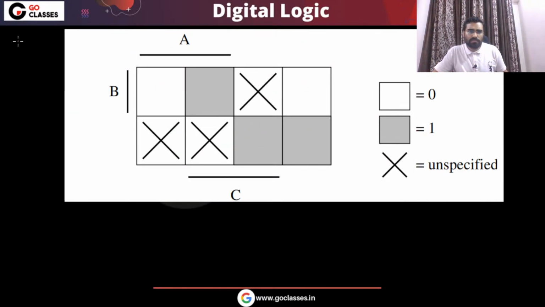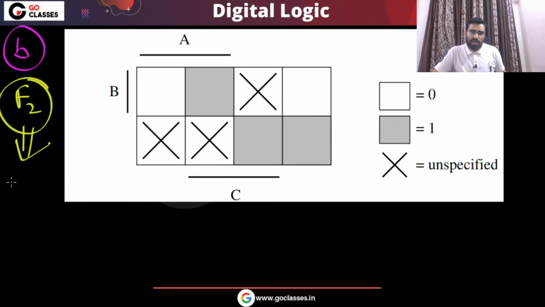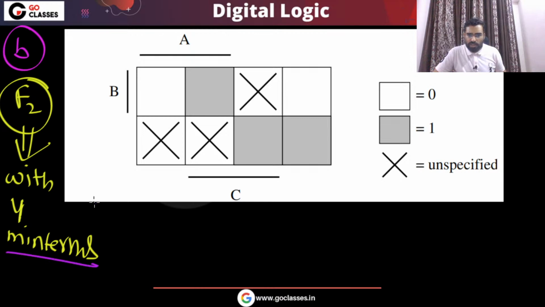For B, the question is asking for F2, and in this F2 it must have 4 minterms. I told you in the class that when they tell you about minterms, by default they are talking about the true minterms.